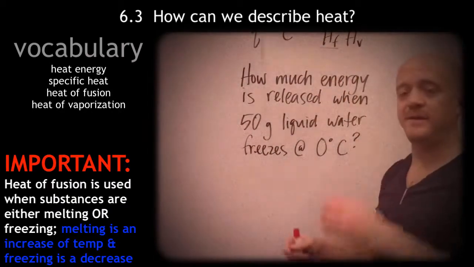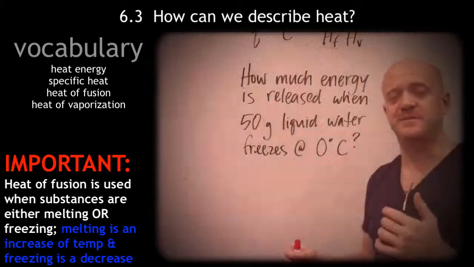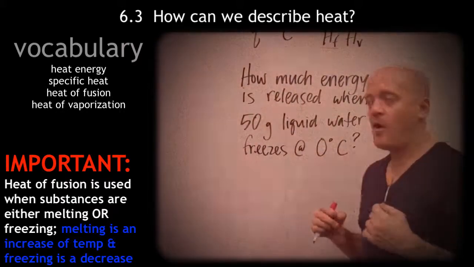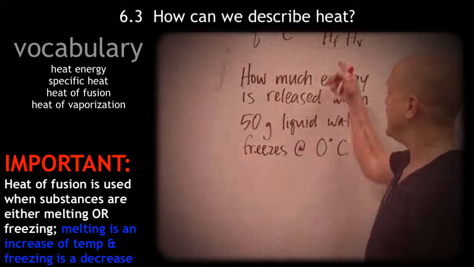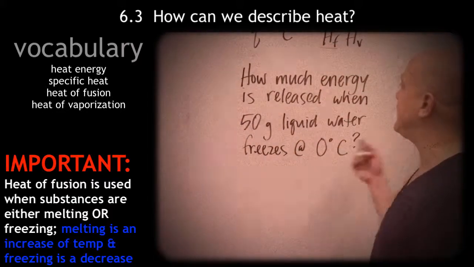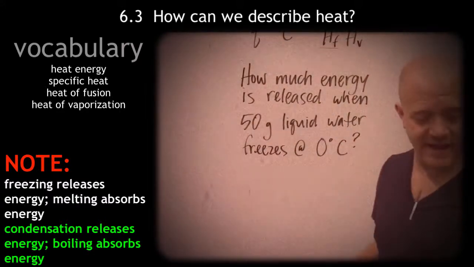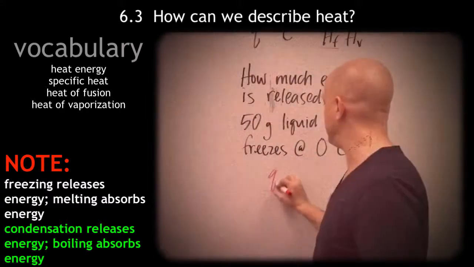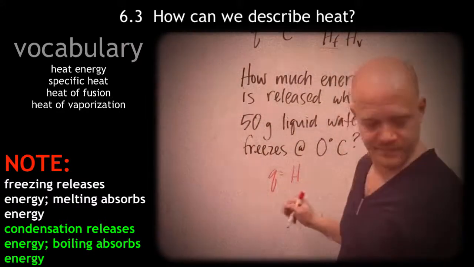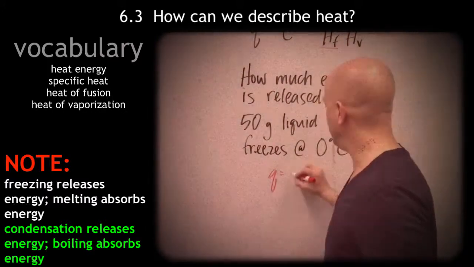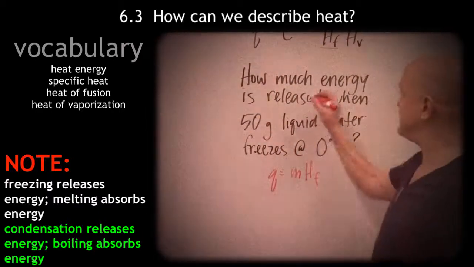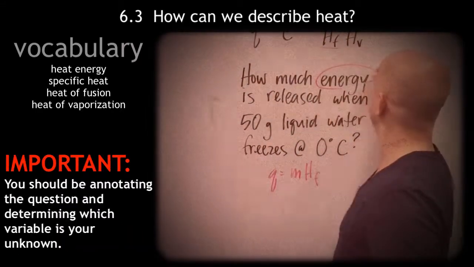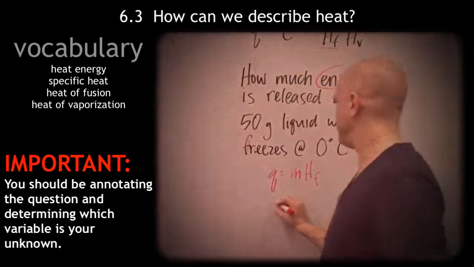So fusion could mean either going from solid to liquid, which means energy is absorbed, or it can go from liquid to solid, which means energy is released. In this situation, energy is released. We're going to use HF. So it's Q equals MHF. What we have here says how much energy. That means that's our unknown.